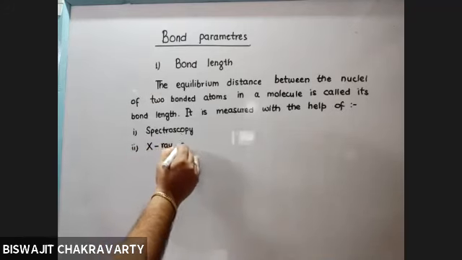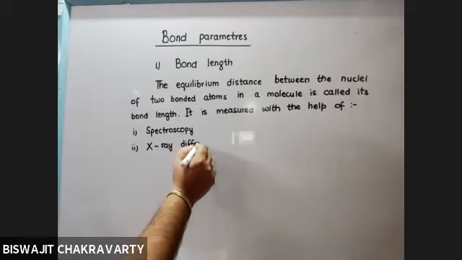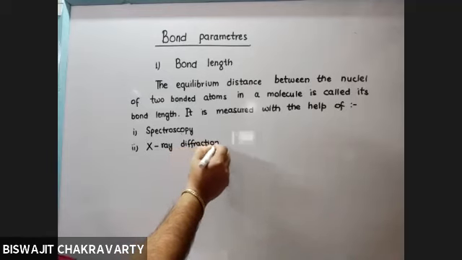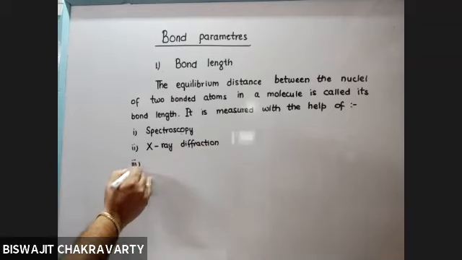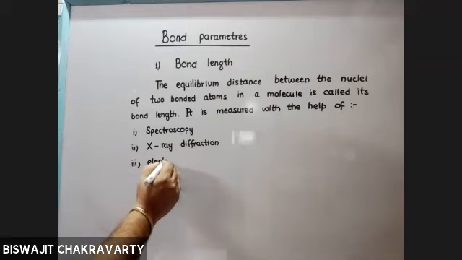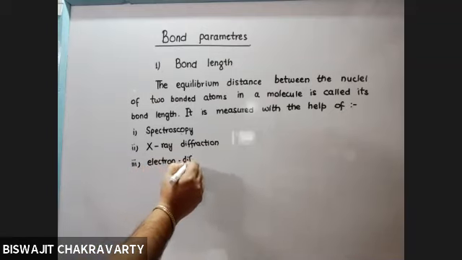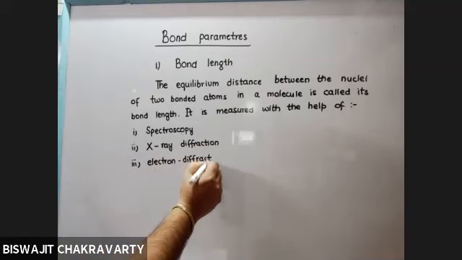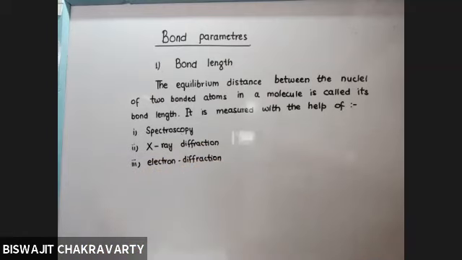X-ray diffraction, electron diffraction. So these are the methods. You simply need to understand that the methods with the help of which we can measure the bond length are spectroscopy, X-ray diffraction, and electron diffraction.